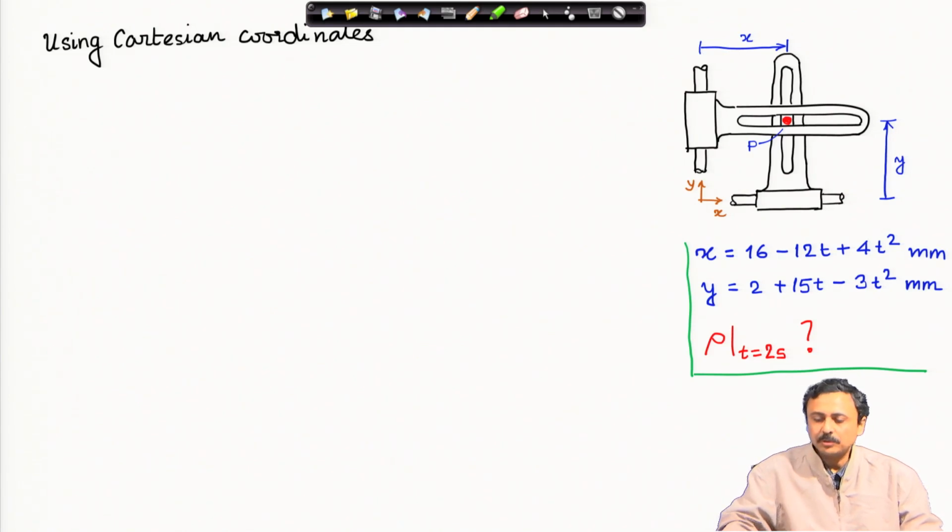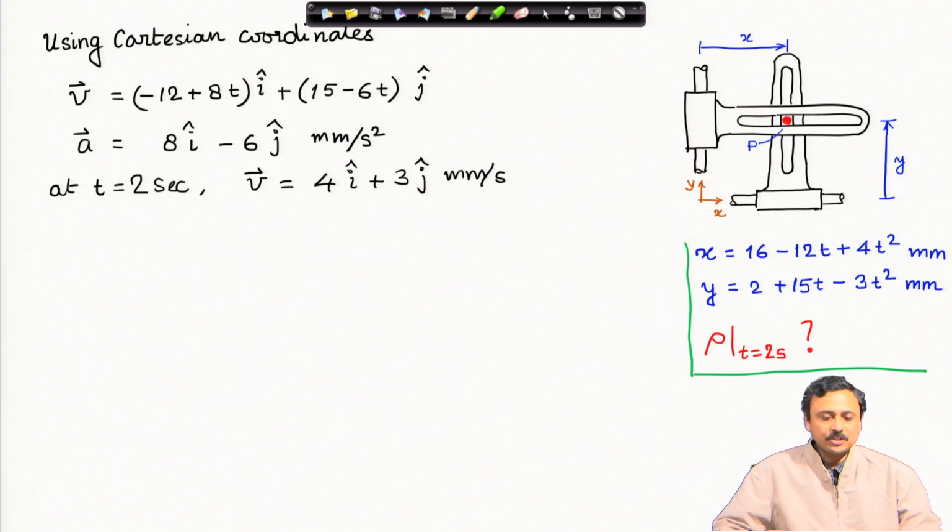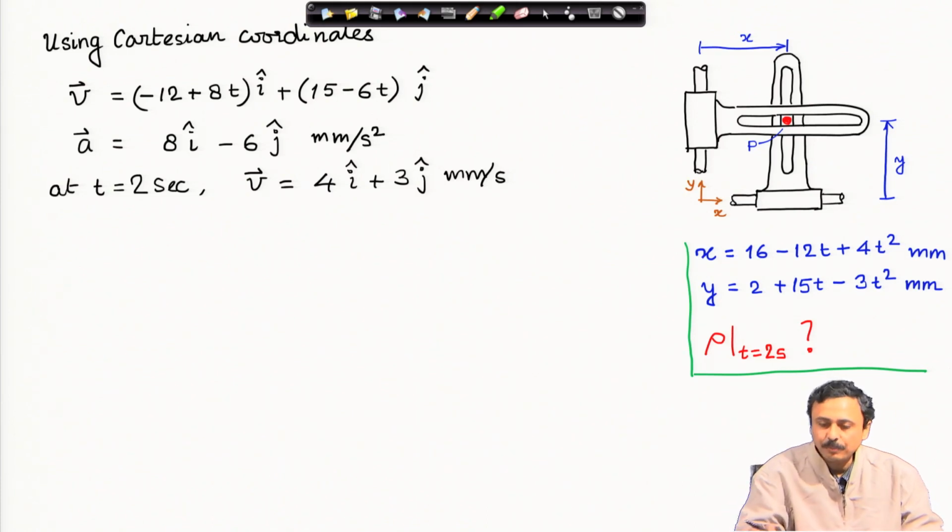I have written out the data specified in the problem: the motion of the vertical slot given by x and the motion of the horizontal slot given by y as functions of time. Now, it is straightforward to see that you can find out velocity by just differentiating. So, this is the velocity of the pin.